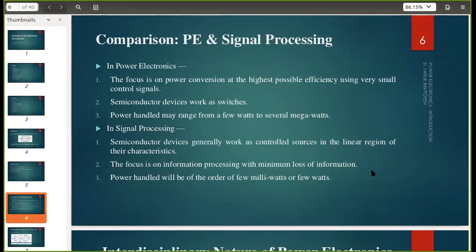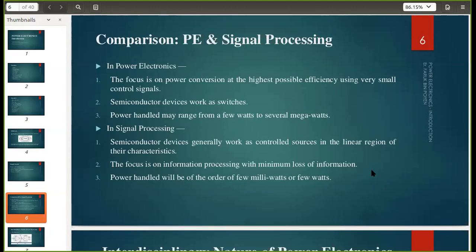For example, if you are adding 2 plus 3, and during the entry and processing the information is lost and it does not display the proper result, then we will not consider such an information processing mechanism. Why? Because the device is giving us completely wrong results. So this type of processing is not accepted in signal processing. It will only be accepted if it has a minimum loss.